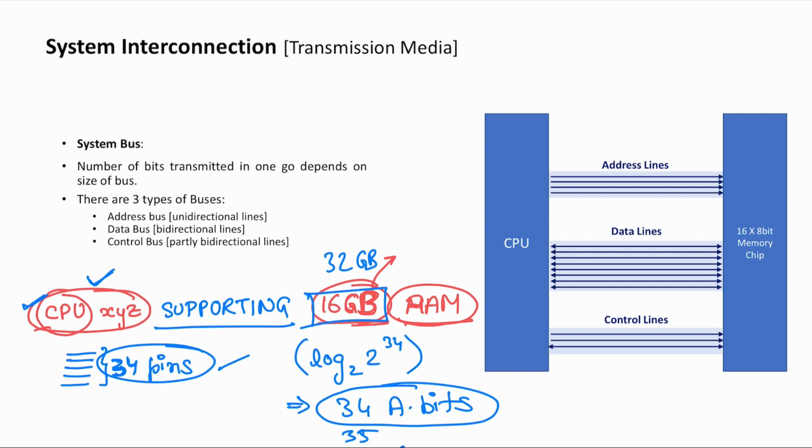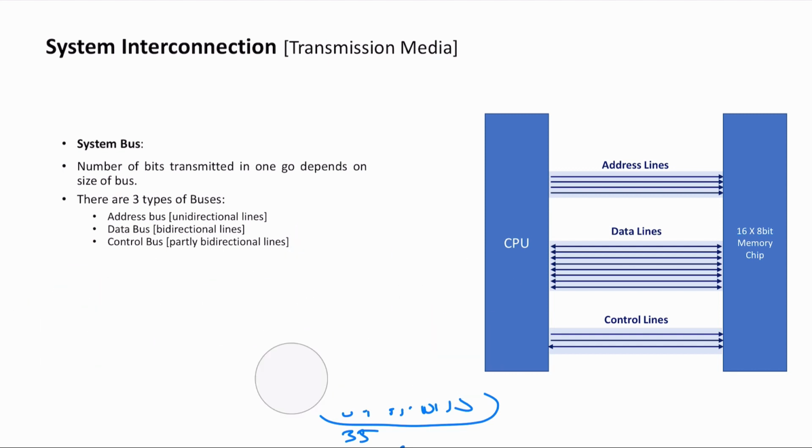I think this makes sense. So whenever you hear someone saying CPU XYZ supports at max alpha GB of RAM, now you know what exactly it means, okay.